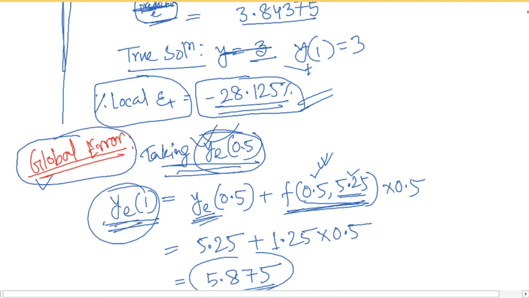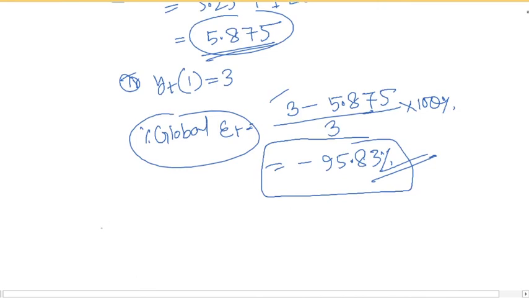So in the next step, similarly we'll be calculating with x equals 0.5, that is y at 1.5 when we know y at 1. In that case, if you use the true value here, then you will get the local error, and if you use the Euler value here, then you will get the Euler value for the next step.